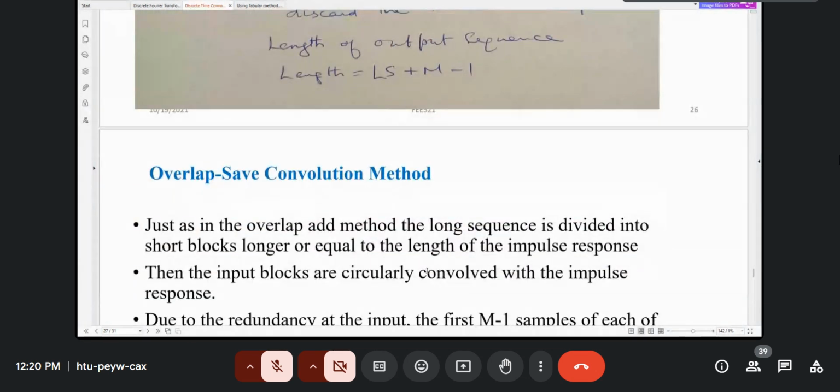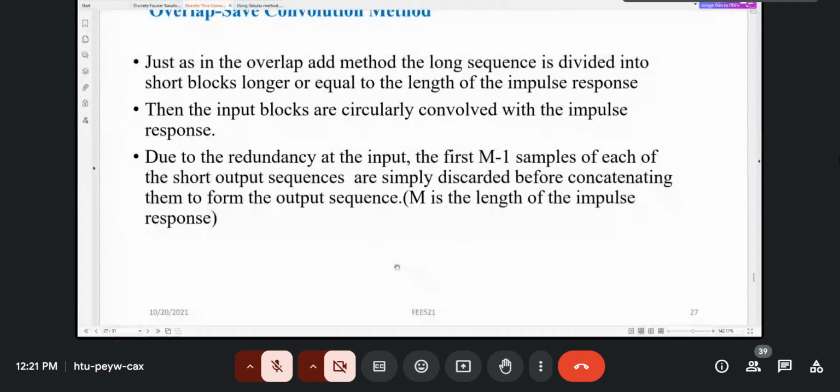So let's look at the overlap save. It is very similar to the other one, except that the algorithm is changed slightly. We have N minus 1 samples.